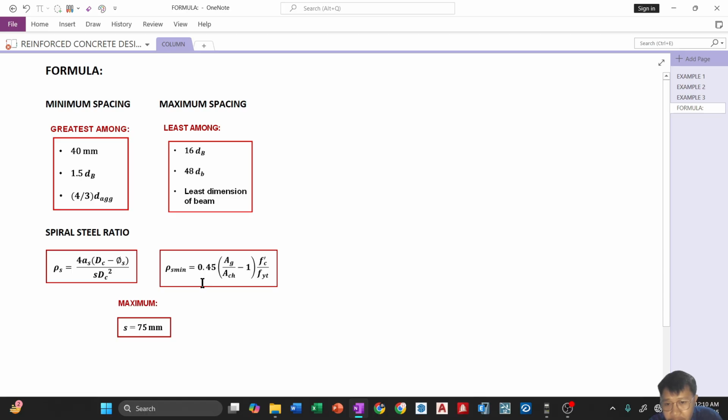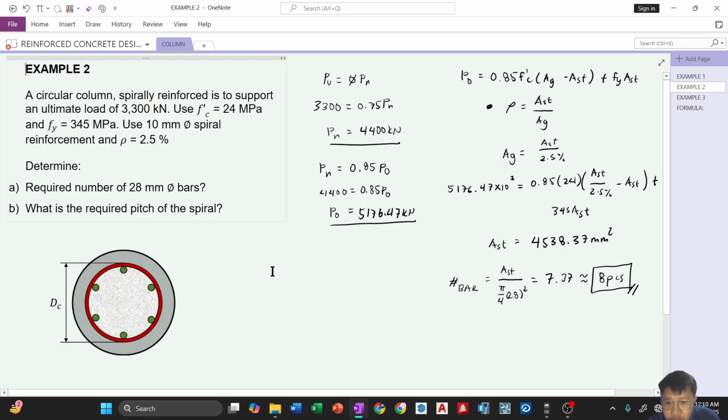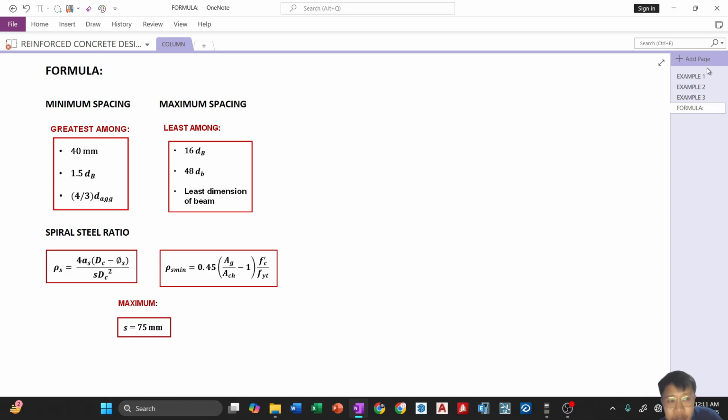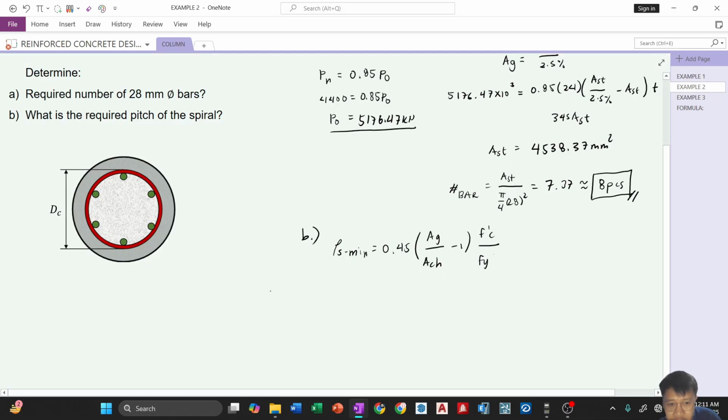That is 0.45 times (area gross over area core minus 1) times F prime C over Fyt. So, for letter B, the steel ratio minimum for spiral is 0.45 area gross of the concrete column over area core minus 1, times F prime C over Fy, or Fyt rather. Okay? Fy of the transverse reinforcement.